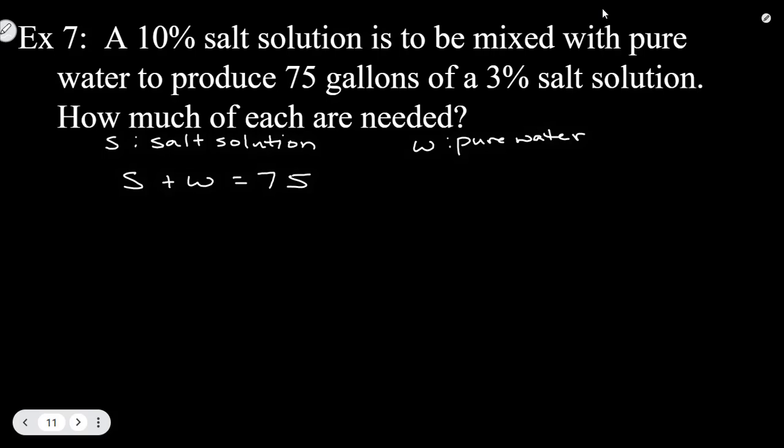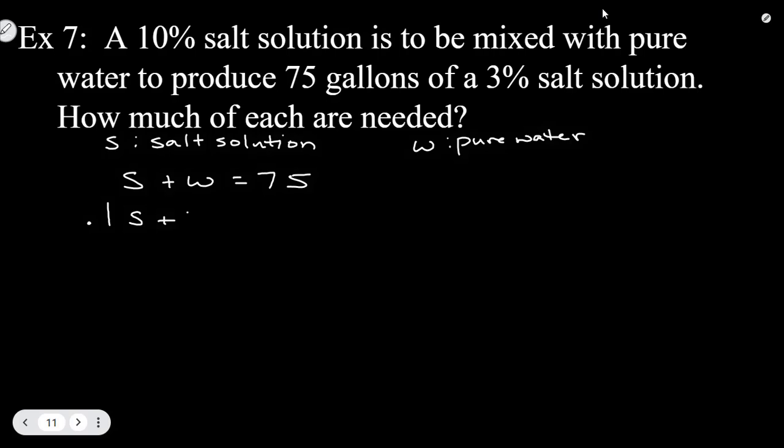0.1 S plus 0.03 W equals. Wait, hang on. So 0.1 S, because the salt solution is 10% salt, plus 0 W, because how much salt is in the water? None.